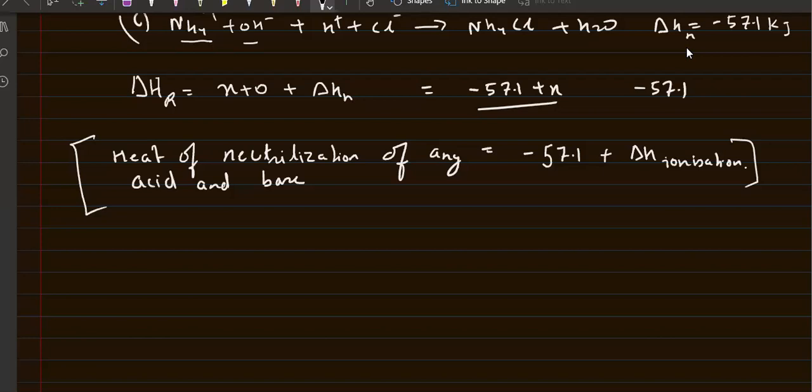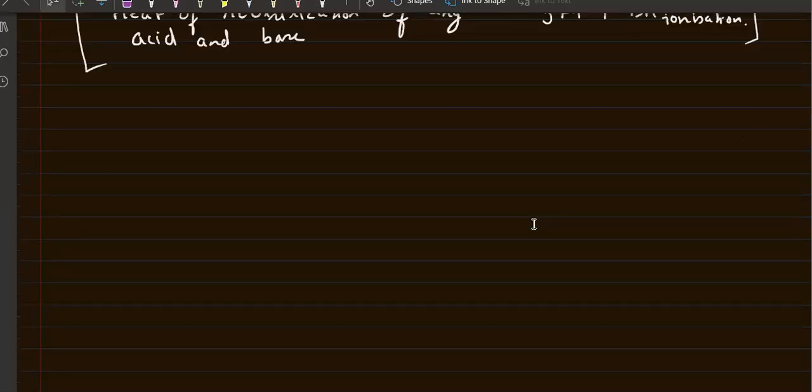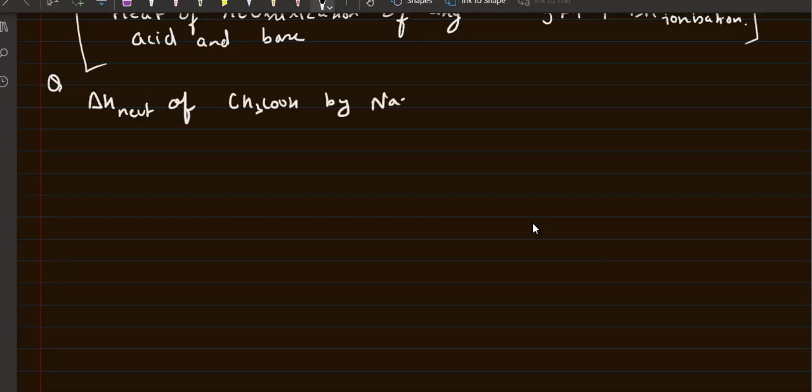And just solve one problem. Solve one problem. Okay, I am telling you, the last problem. So I have given you delta H neutralization of acetic acid, which is CH3COOH, by NaOH, equal to minus 50.6 kilojoule per mole.